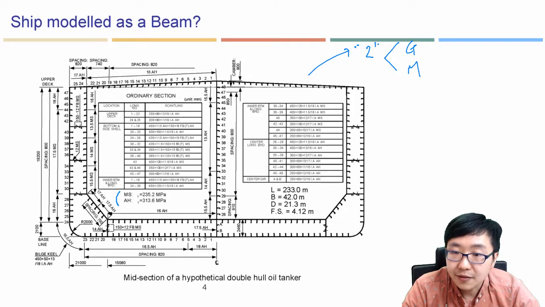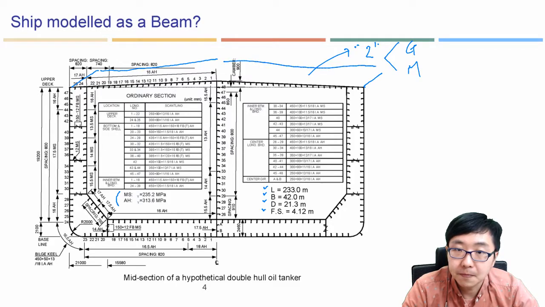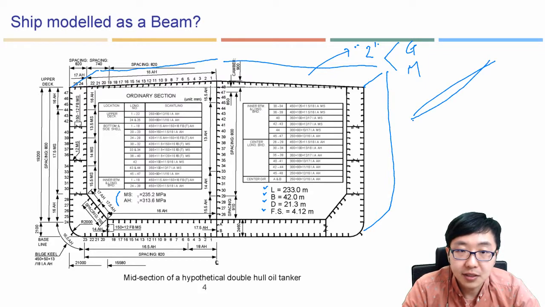So this is length information and breadth and depth, and FS represents, this is not the factor of safety, this represents frame spacing. Frame means like this. This is one frame, and if we see here, this ship structure consists of like 5 to 9 holds.